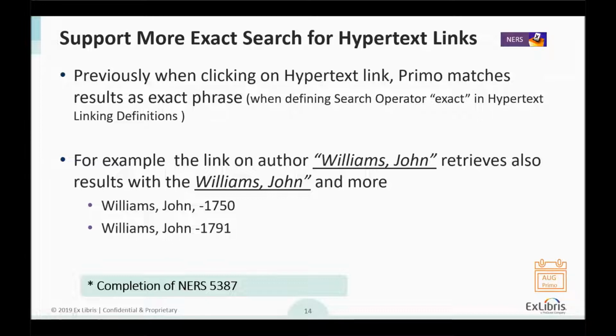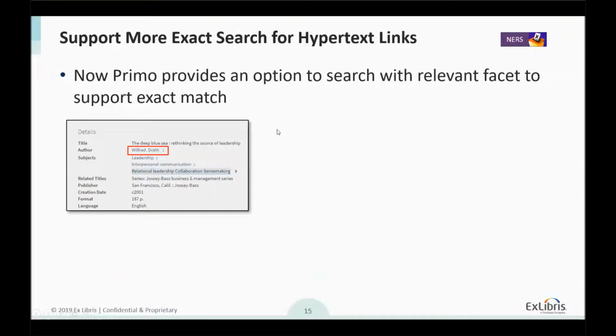In order to complete this NERS and to provide a much more precise search match, we are now introducing a new search operator. We called it facet exact. The idea is to use the facet mechanism in order to provide a much more precise search.